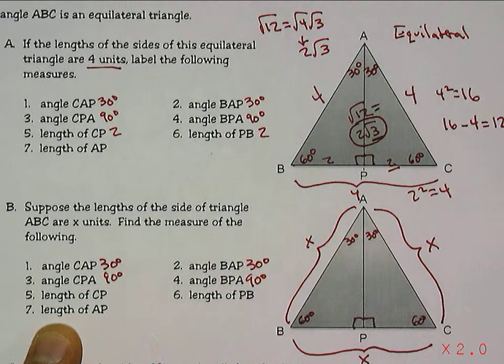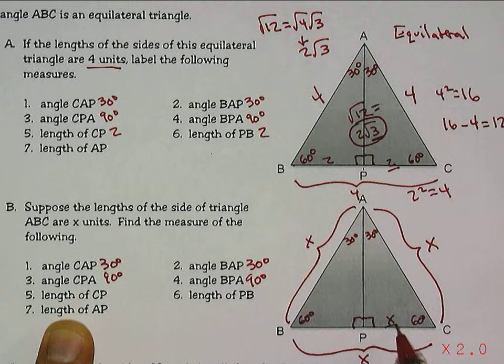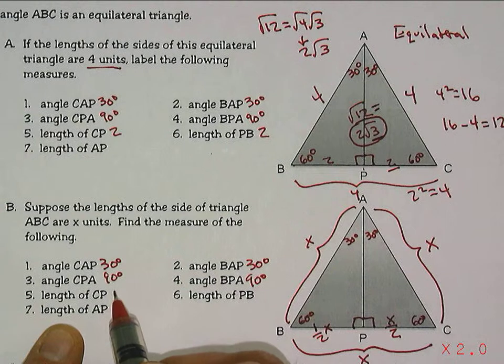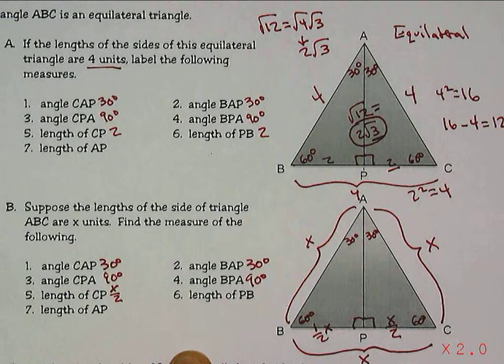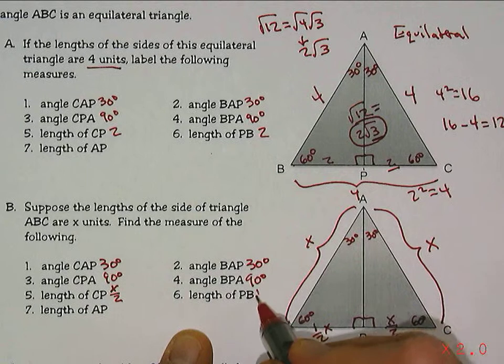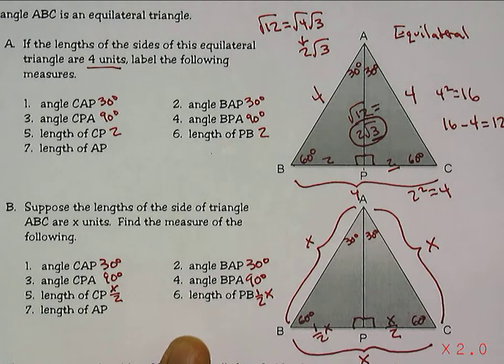And now our lengths are a little bit interesting. When we look at C to P, if the whole distance is x, then this is x over 2, or half of x, for this distance. You could write it either 1/2 x or x over 2. I'm going to write it as x over 2. And the length from P to B is again the same thing, x over 2, or this time I'll write it as 1/2 x. They're the same thing.